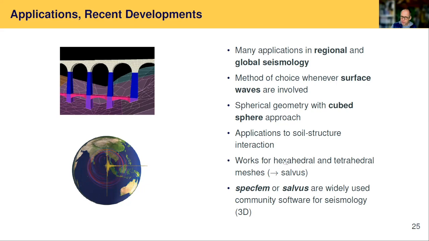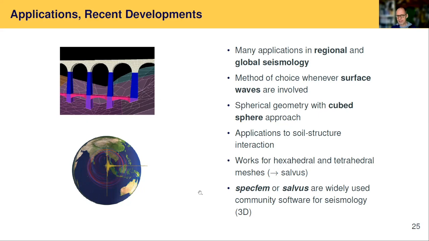In principle, it works with hexahedral and tetrahedral meshes, but if you use tetrahedral meshes, you no longer have a symmetric mass matrix. And I think it was also taken out of Salvus. They started with having both tets and hexes, but at the moment I think they only have hexes.